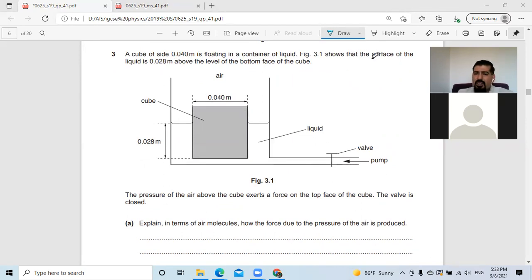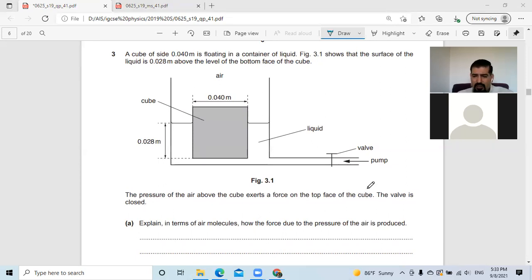This figure shows that the surface of the liquid is 0.028 meter above the level of the bottom face. So only 0.028 meter sinks, and the rest of it floats above. And we have a pump here with a valve. We have liquid here that the cube floats on, and there is air above it. The pressure of the air above the cube exerts a force on the top surface.